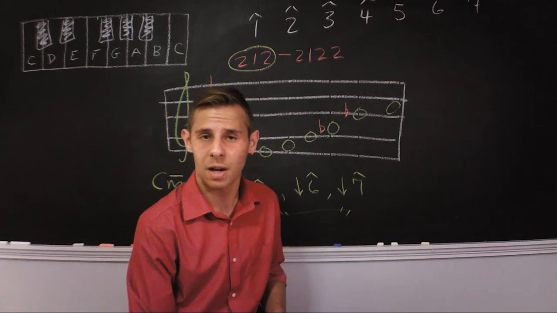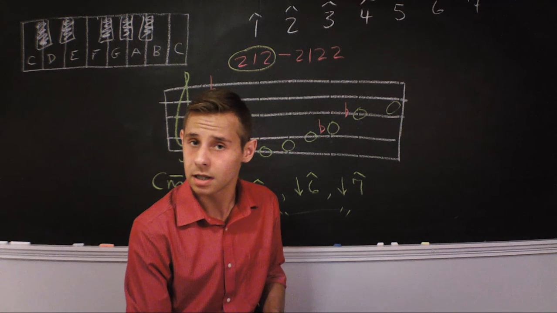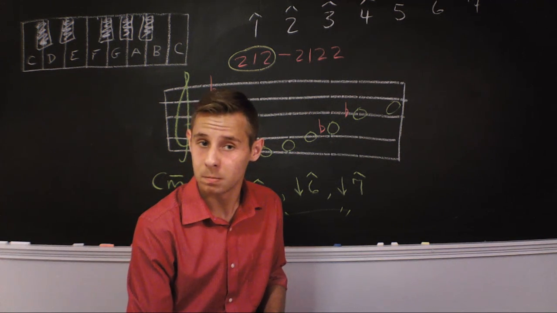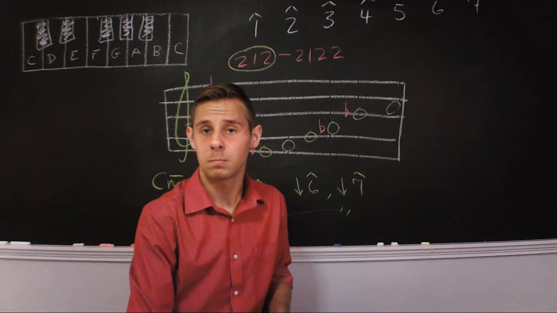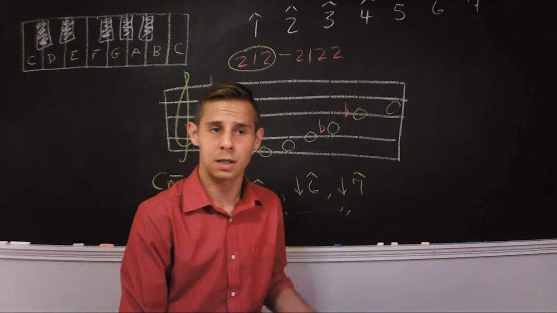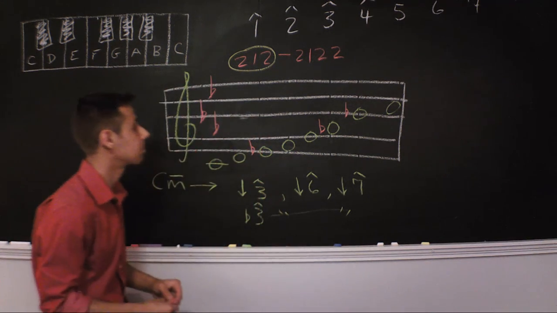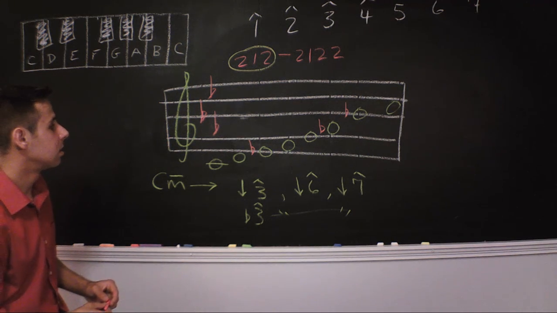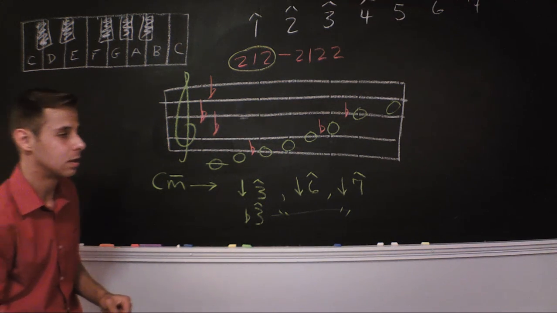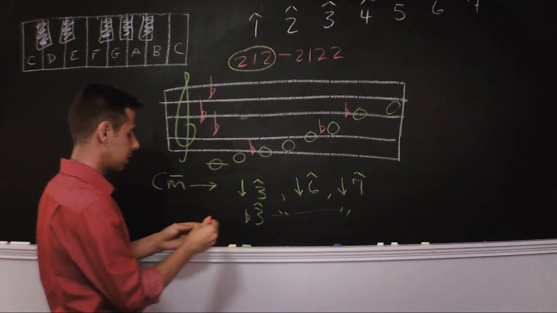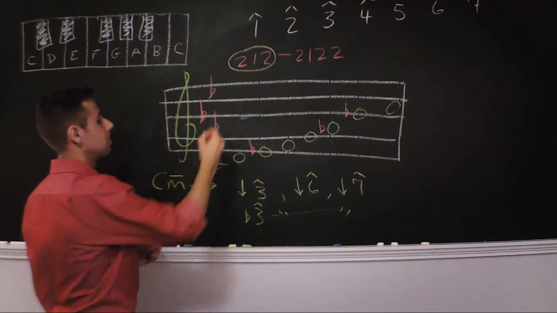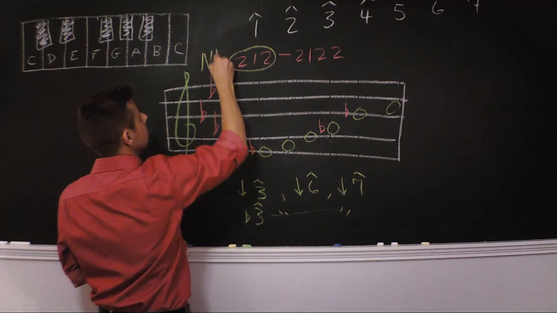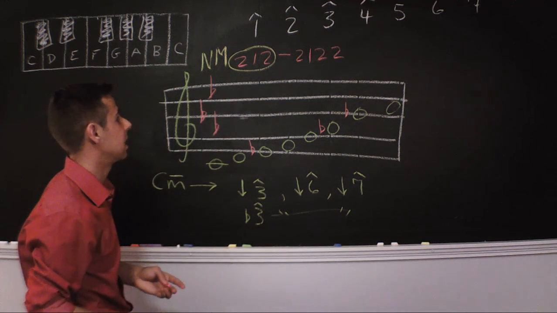So it doesn't matter what minor you're in, if you hear this, that gives you a hint that you're in a minor instead of the major. Okay. Now, so this is natural minor. We'll put NM there for natural minor.